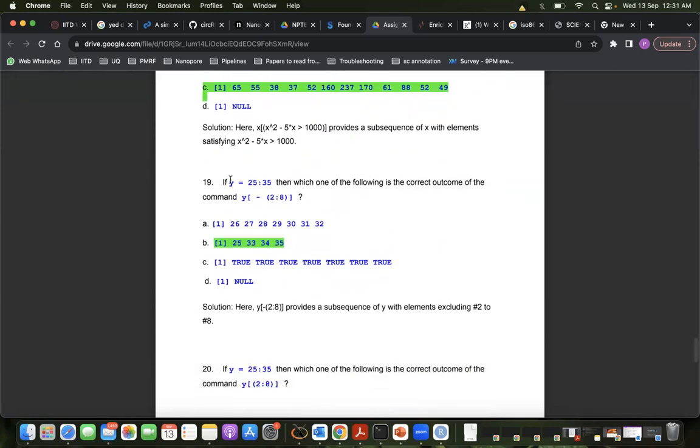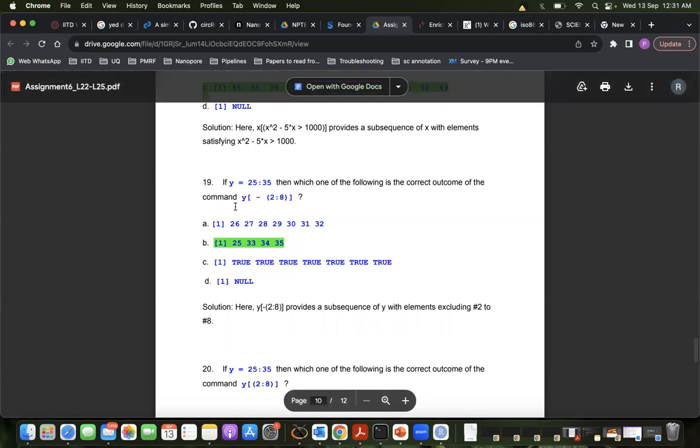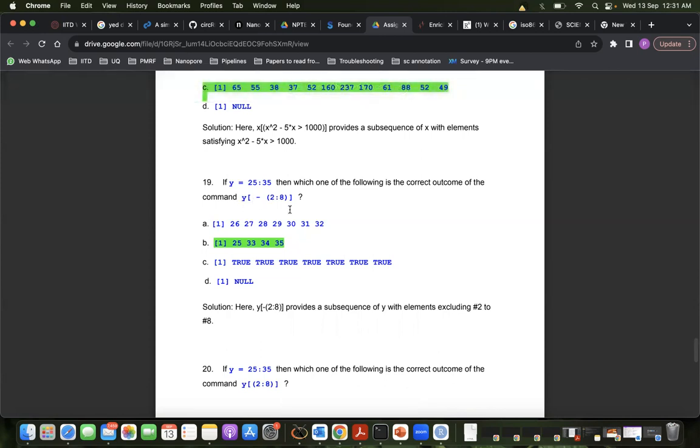Now if y is from 25 to 35, so these are 11 elements, what will be the output of y[-(2:8)]? I don't know if you remember this. Here it's removing elements 2 to 8, so it gives you the rest of the elements: element 1, which was 25, and elements 9, 10, and 11.